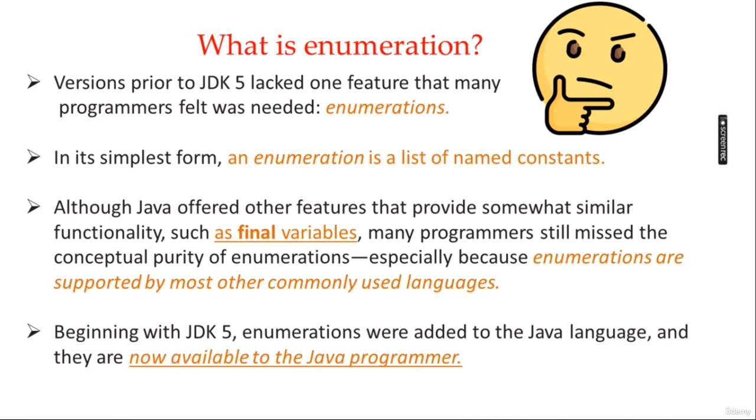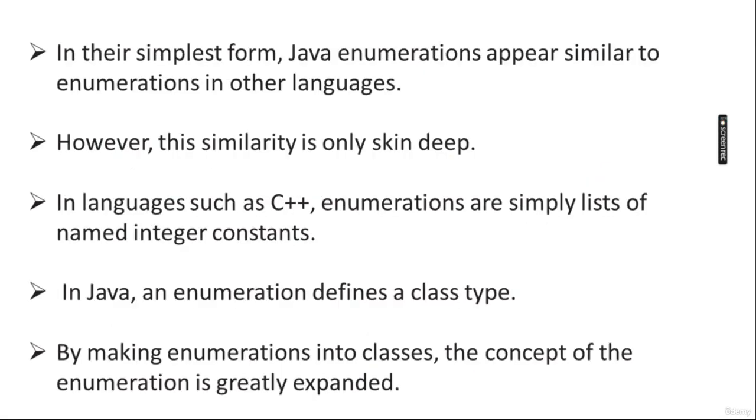So prior to Java 5 it was missing, and after Java 5 it was added to the programming language. Beginning with Java 5, enumerations were added to the Java language, and they are now available to the Java programmer as a pure constant. In their simplest form, Java enumerations appear similar to enumerations in other languages.